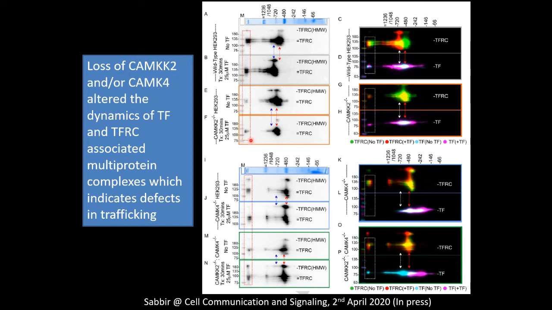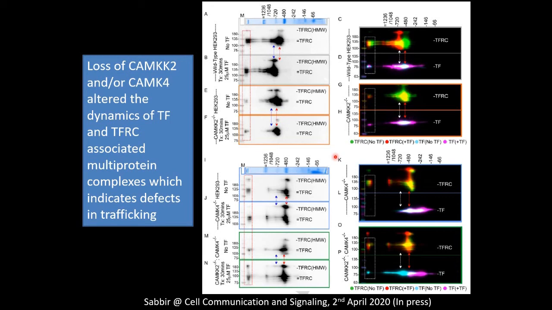The CAMKK2 knockout, CAMK4 knockout, and double knockout cells are each surrounded by a colored rectangle, so they can be easily compared. As you can see, under CAMKK2, CAMK4 or double knockout condition, the relative shift of transferrin receptor associated protein complexes under transferrin treatment condition was hampered or abolished. This indicated a defect in the recruitment of interacting proteins during the trafficking process.